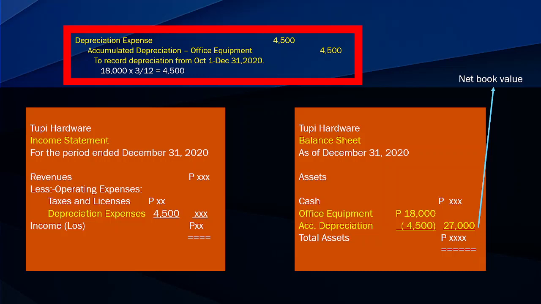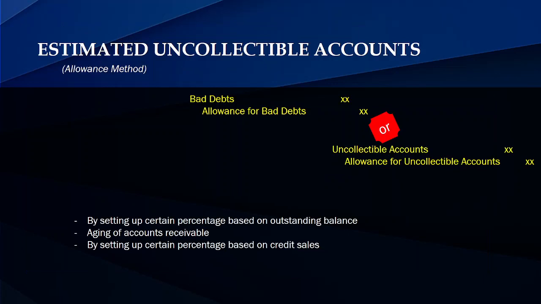Now let's proceed to the estimated uncollectible accounts. What is this all about? When accounts receivable are already long overdue, some percentage or portion of this amount will be adjusted as uncollectible accounts or bad debts or doubtful accounts and recorded as expense. And we have these pro forma entries.